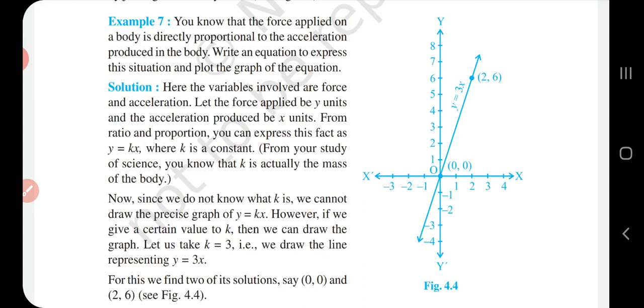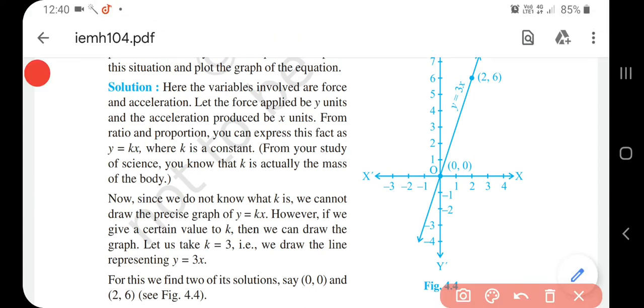Let the force applied be y units and the acceleration produced be x units. From ratio and proportion, y upon x is equal to k. So y = kx, where k is a constant. From your study of science, you know this.